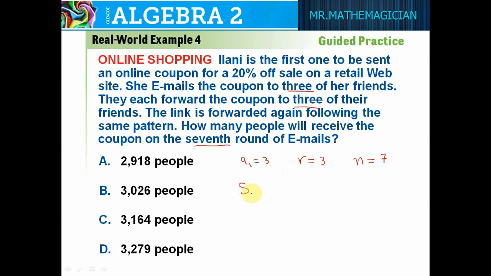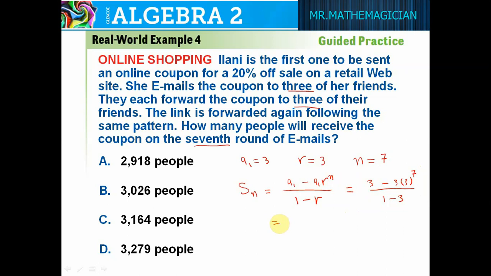The rule says Sn equals A1 minus A1 R to the power of N over 1 minus R. So again, A1 is 3, minus 3 times 3 to the power of 7, all over 1 minus 3.